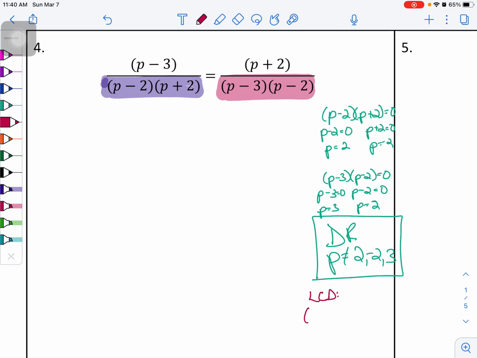The next thing I want to figure out is my LCD. And the nice part is this particular problem is already factored, so I just need to focus on the factors. My first fraction has factors of p minus 2 and p plus 2. My second fraction here has an extra factor of p minus 3.